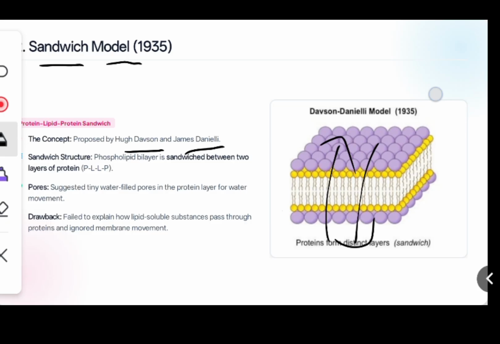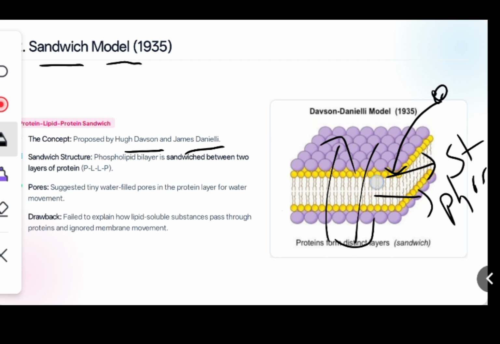But suppose this is a protein soluble molecule, it will enter like this. In this place it will stop. Why? Because here there is no protein. This is a phospholipid bilayer. It can't enter into the phospholipid bilayer. It can enter only until the protein layer. But suppose this is a lipid soluble substance, it doesn't enter into the first layer either, because this is a protein layer.